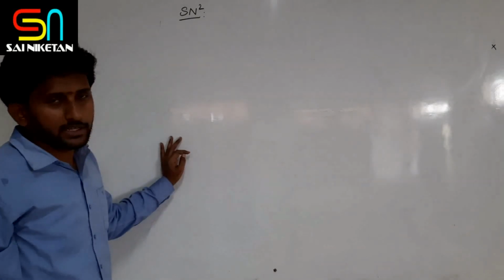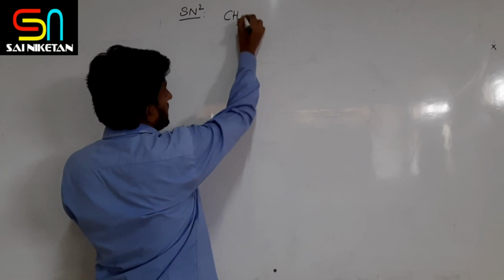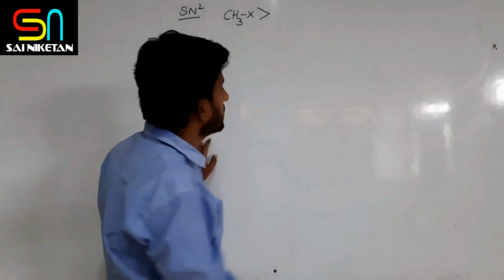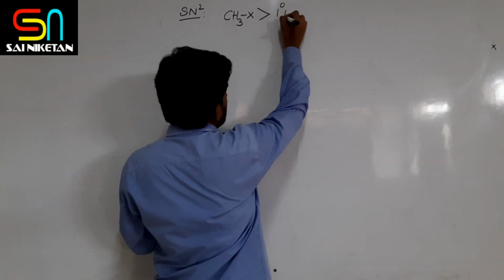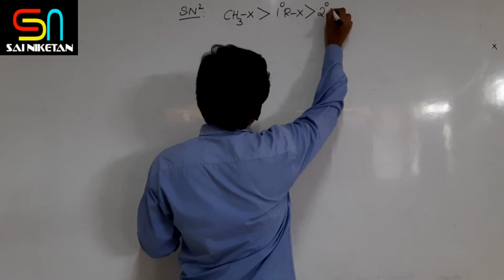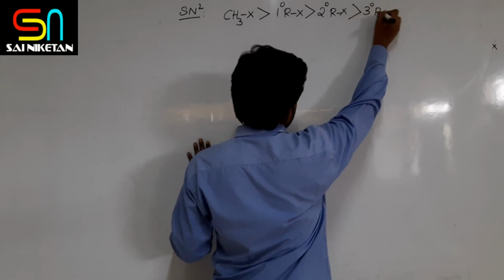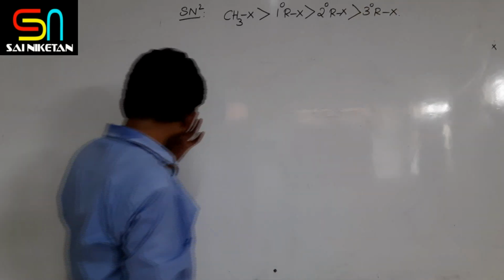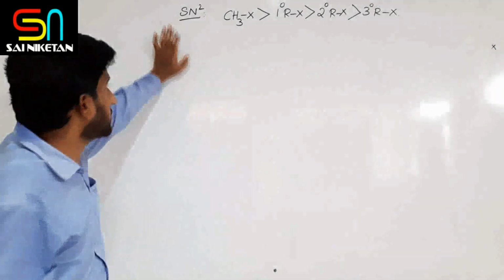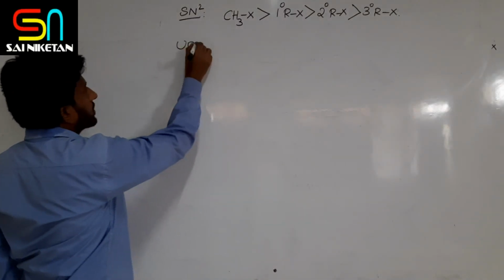Now in the SN2 mechanism, the reactivity order is: methyl halides are more reactive than primary alkyl halides, than secondary alkyl halides, than tertiary alkyl halides. This is the order of reactivity of the alkyl halides in the SN2 mechanism. Okay. Now we'll start with the unimolecular.